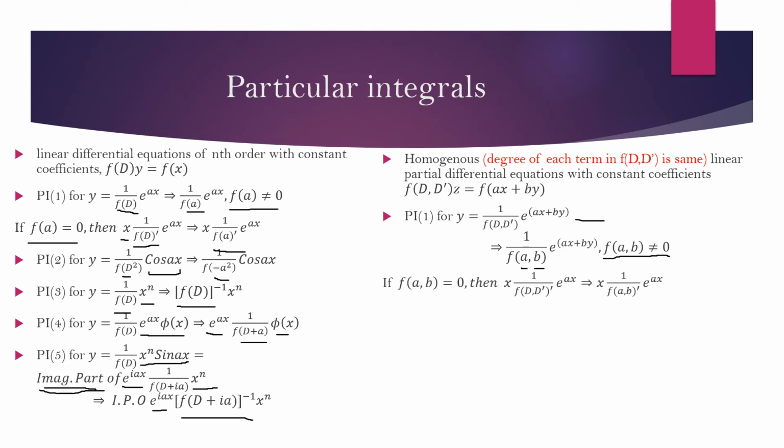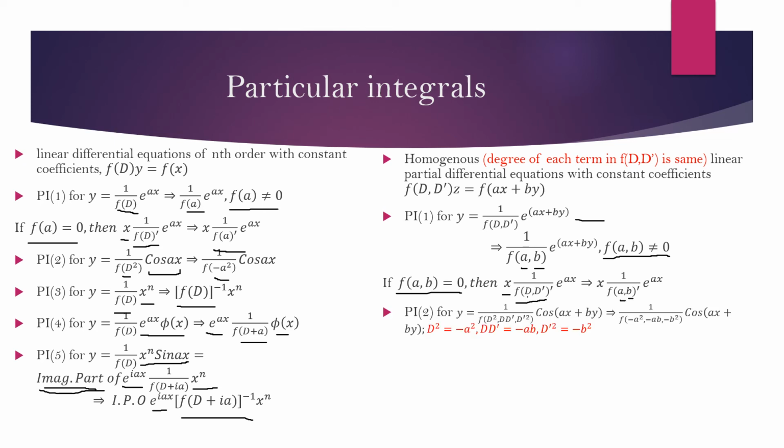If the denominator is 0 in any case of the PI, then we have to multiply with x, differentiate the denominator term with respect to D only. D dash will be treated as a constant, and substitute the value of D as a and D dash with b.